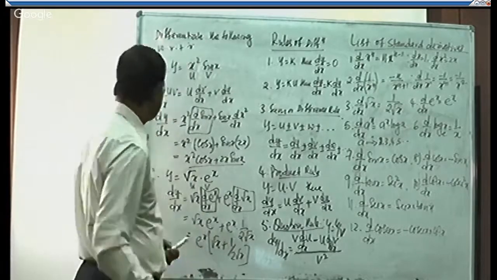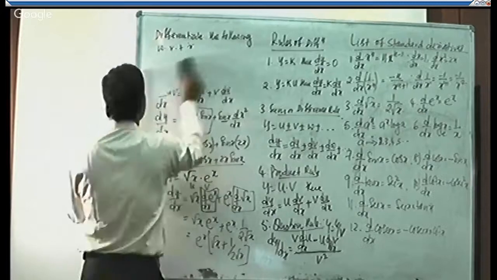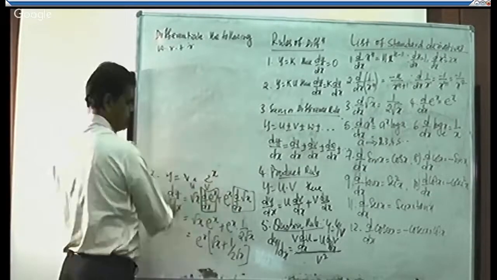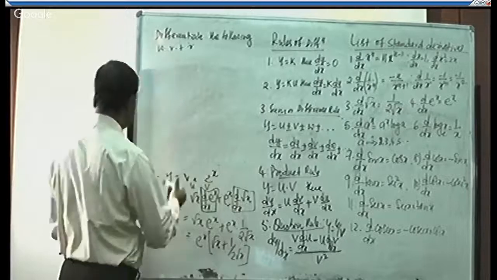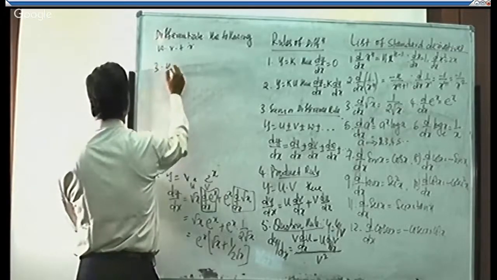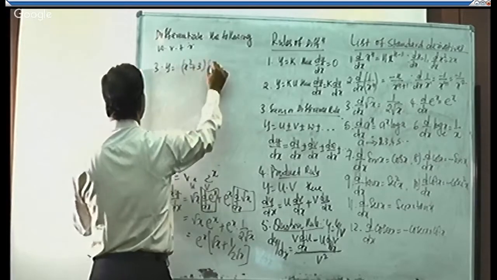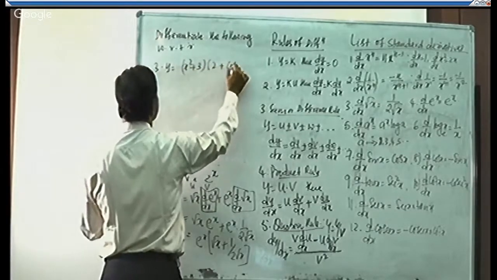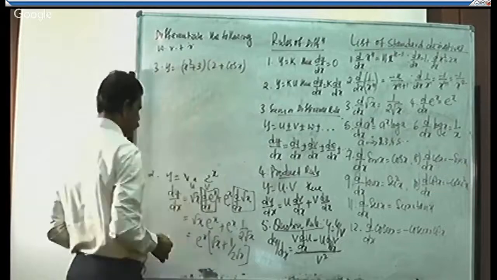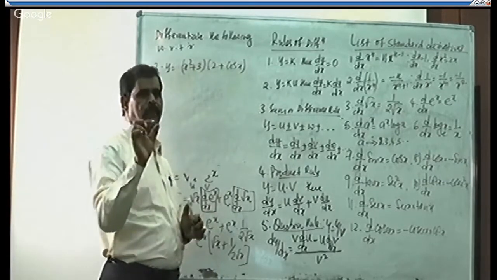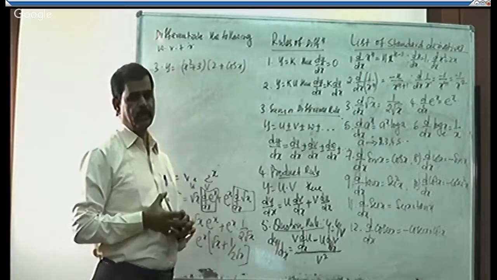Let us take another example. y is equal to x square plus 3 into 2 plus cos x. See, in the last two problems we took simple, single terms, right?